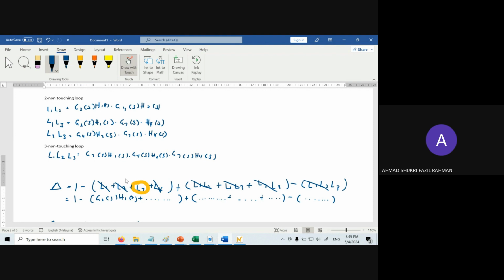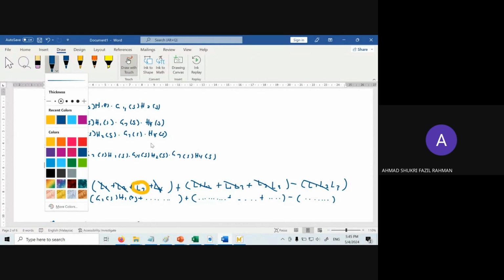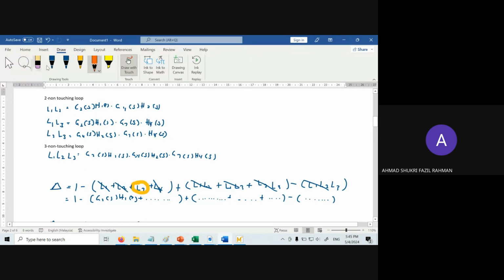Maksud dia kalau macam case ni, for example this is actually single loop. Kat sini adalah actually single loop. This one is actually single loop. Single loop. Okay, and then is two non-touching loop.